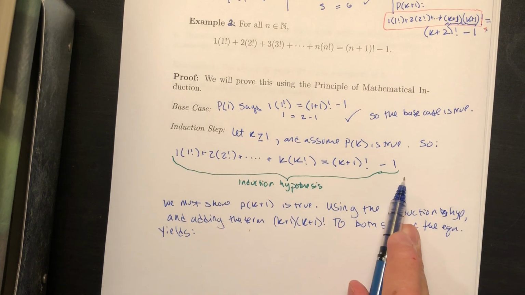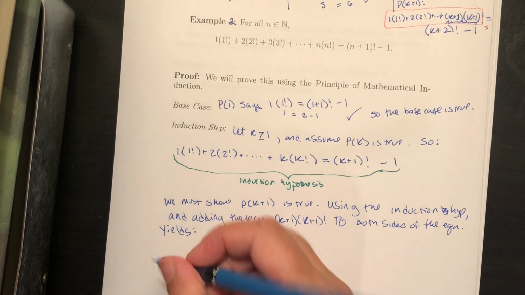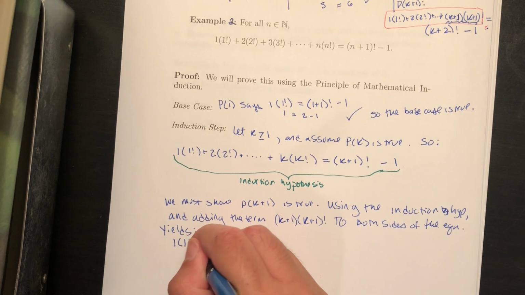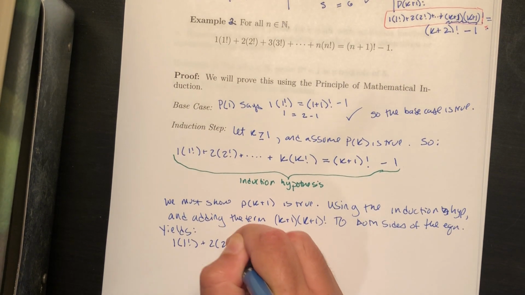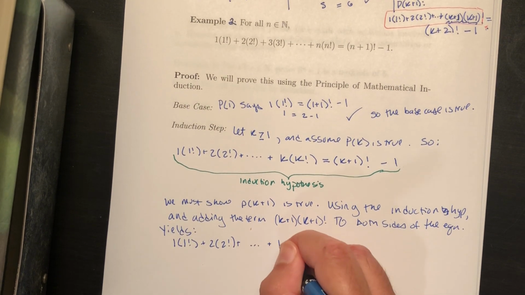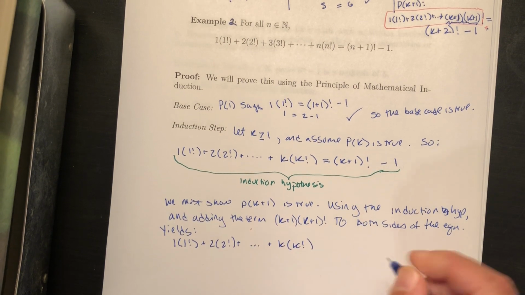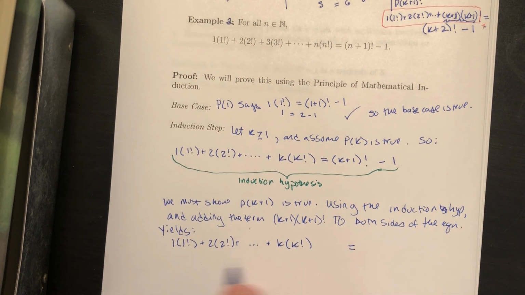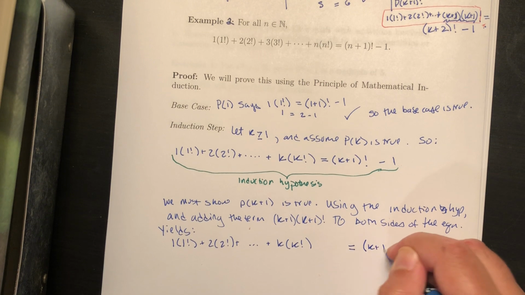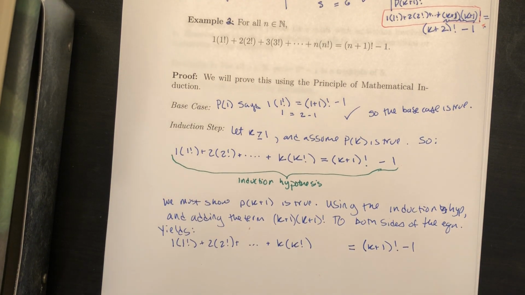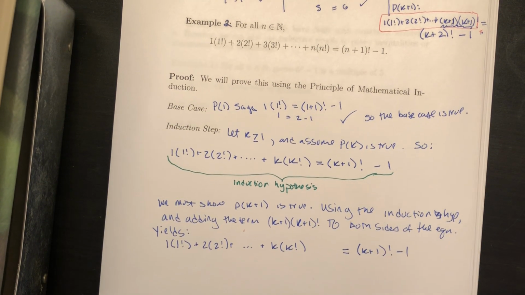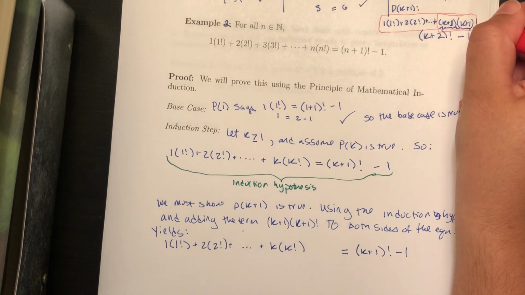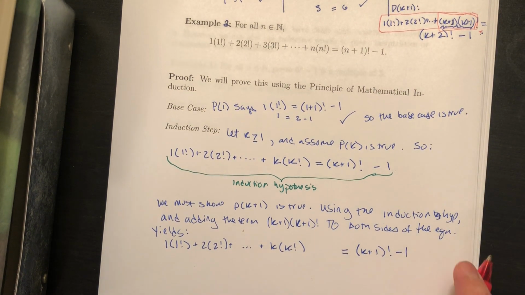So start with the induction hypothesis because this is what we're assuming is already true. Right, we're assuming this is our induction hypothesis, that this is equal to k plus 1 factorial minus 1. And now what we're going to do is we're just going to add this last term, k plus 1 times k plus 1 factorial, to both sides.